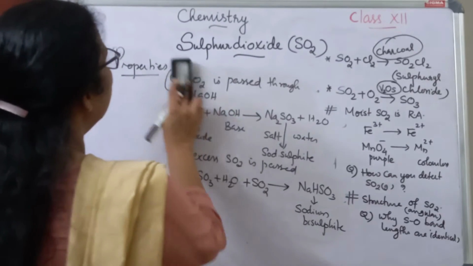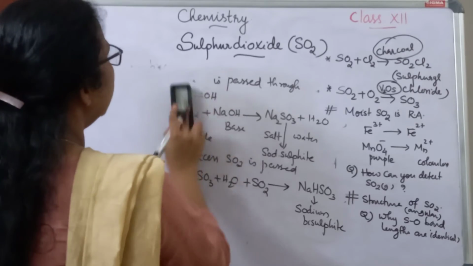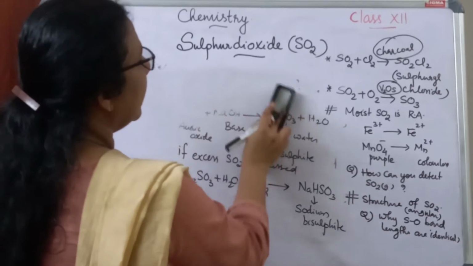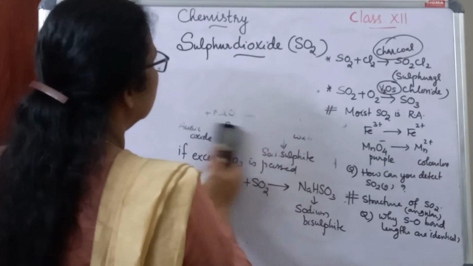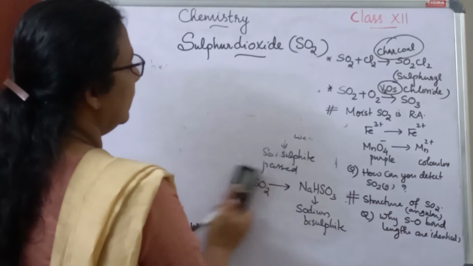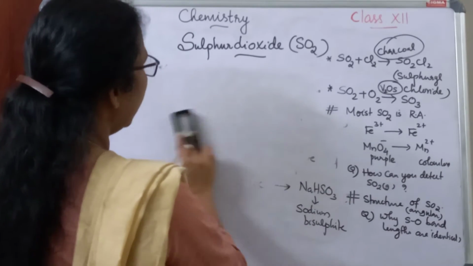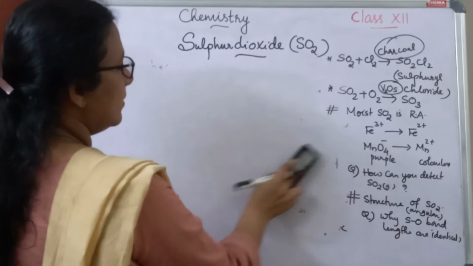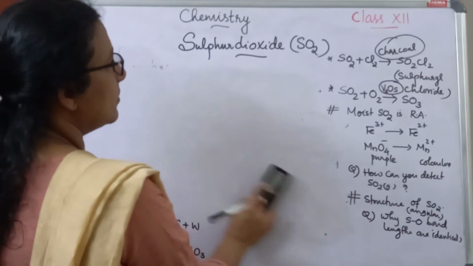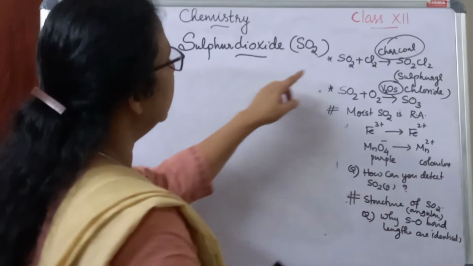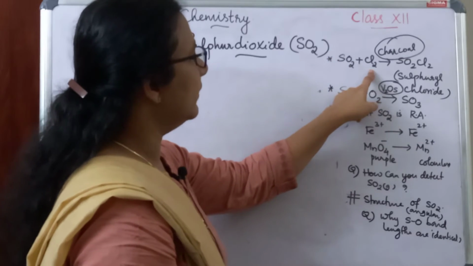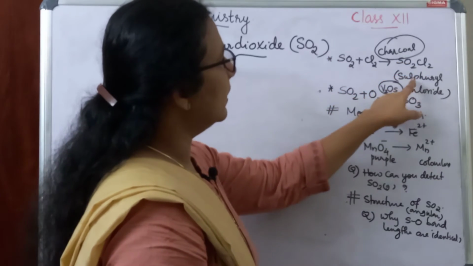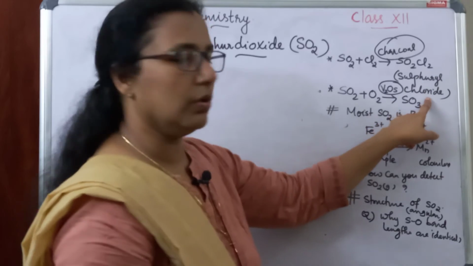Then another two important reactions are sulfur dioxide with chlorine. So what about the reaction between sulfur dioxide and chlorine? Sulfur dioxide and chlorine give SO2Cl2, which is called sulfuryl chloride.